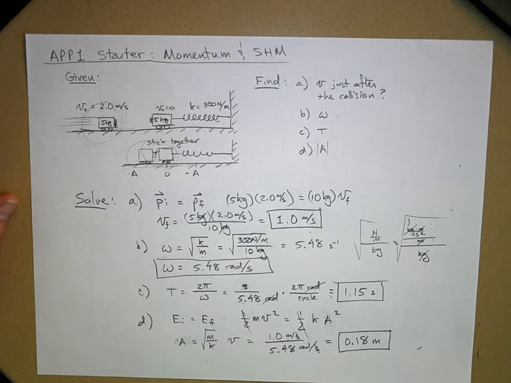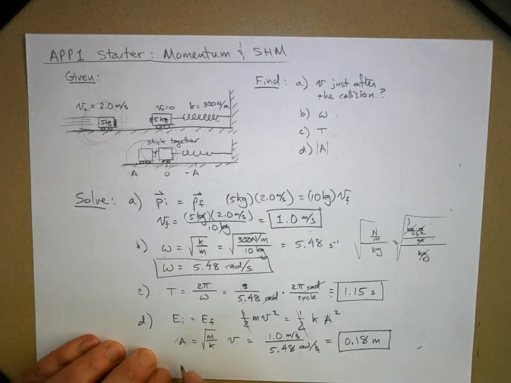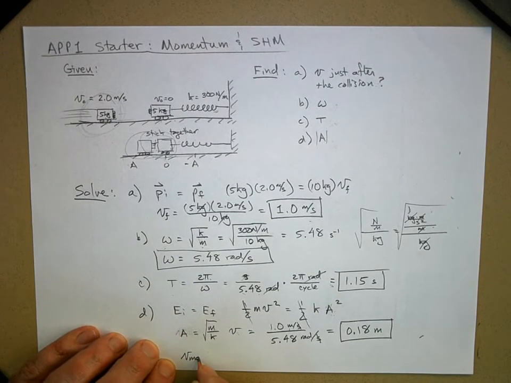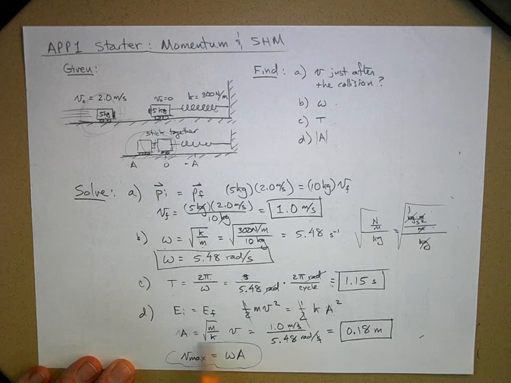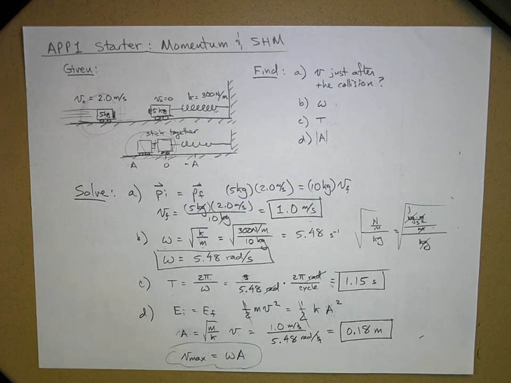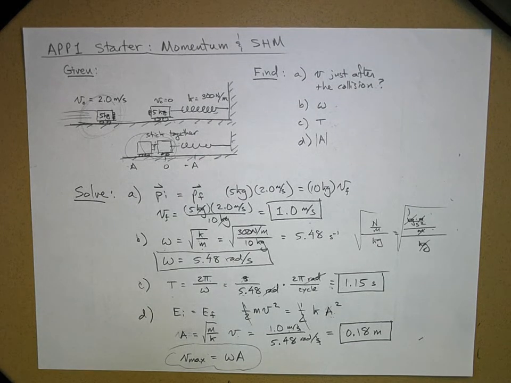There's another way to do part A. I think the maximum speed, v max, was equal to omega A. This is another basic equation for simple harmonic motion, and I think it was omega R for rotational motion.